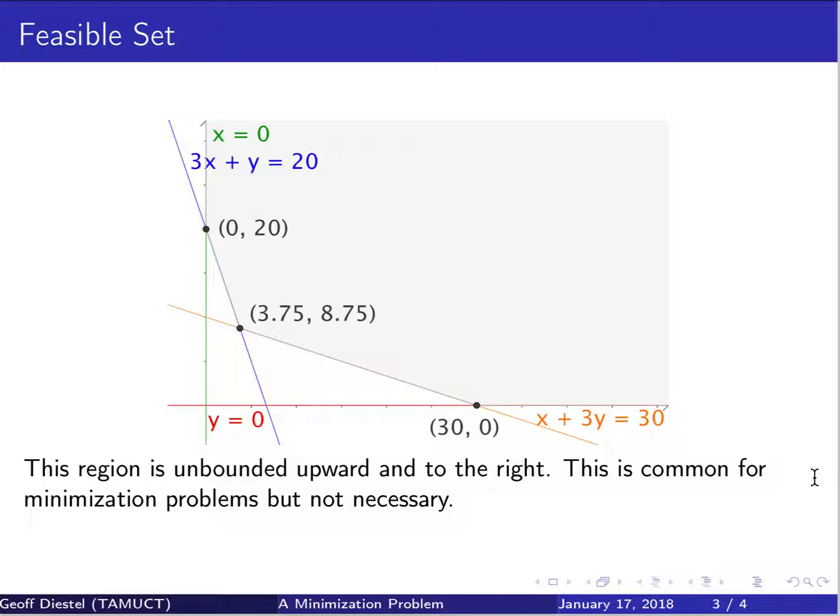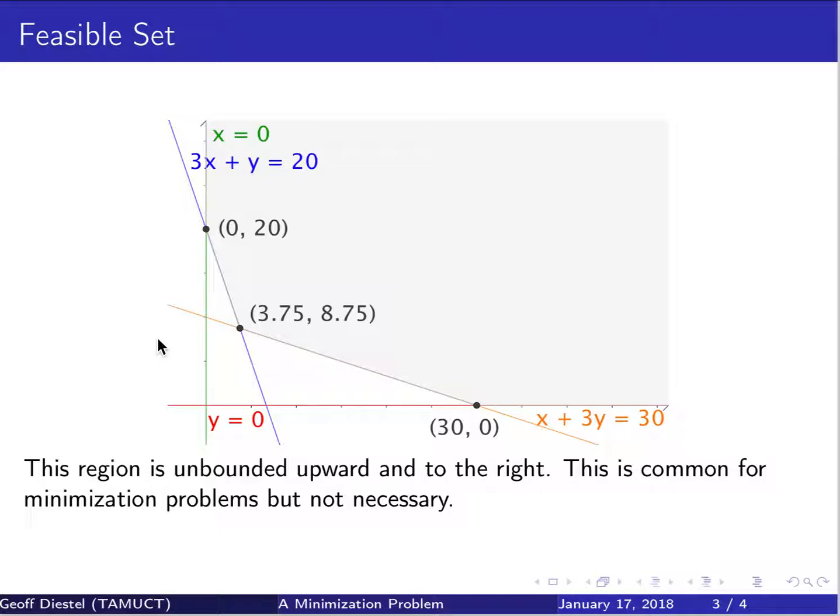So again, if you watch the video on how to use GeoGebra to create these regions, you do the same thing here. The only difference in this case is that this region is unbounded, meaning when you're looking for all the points above the line 3x plus y equals 20, which I have labeled here in blue, they also have to be above the line x plus 3y equals 30, and also above the horizontal axis and to the right of the vertical axis.